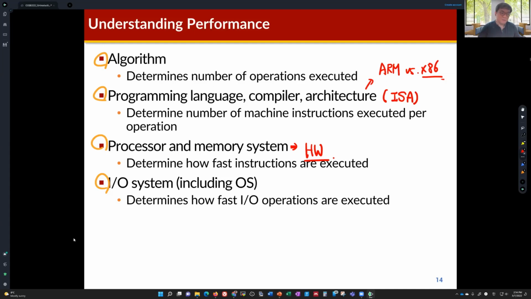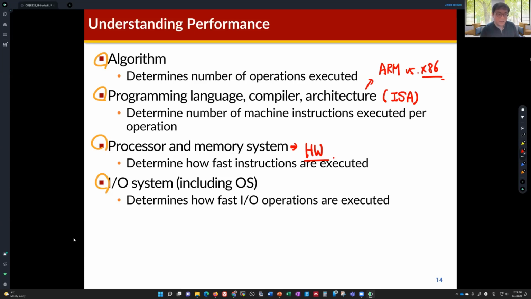And the memory system. So you may consider the size of the main memory. My smartphone has 2 GB of main memory, and then another person may say, oh, my smartphone has 6 GB of main memory. So which one is better?